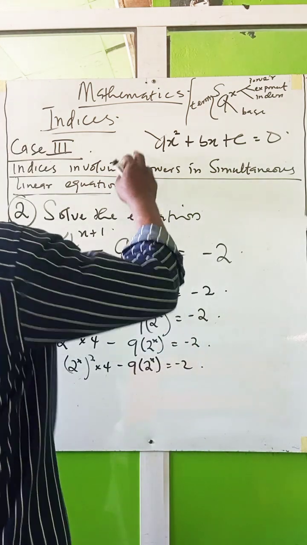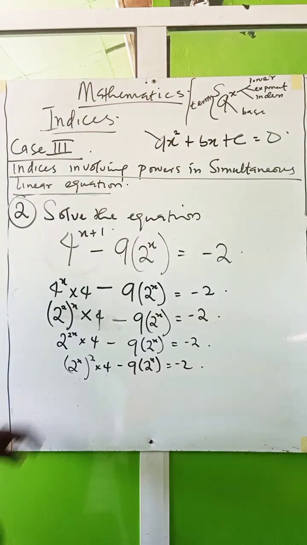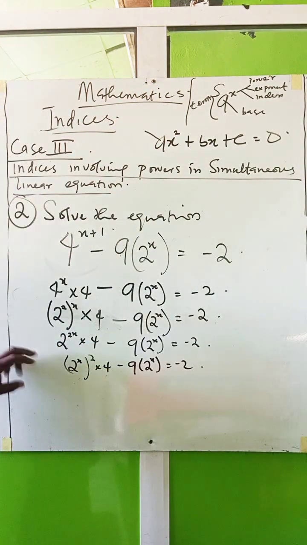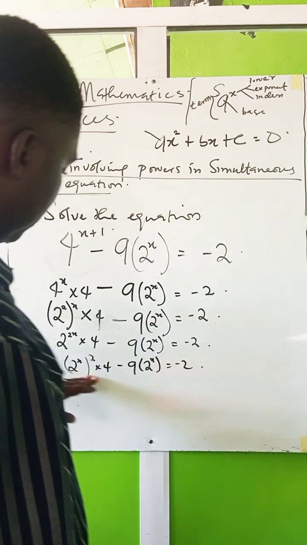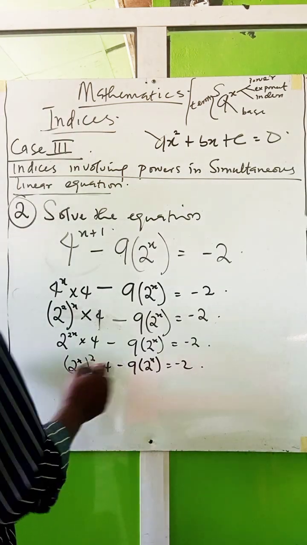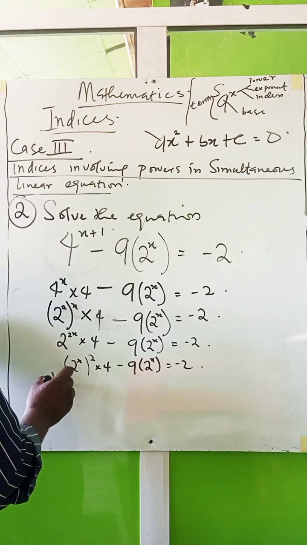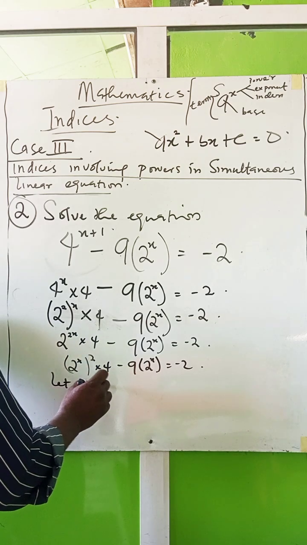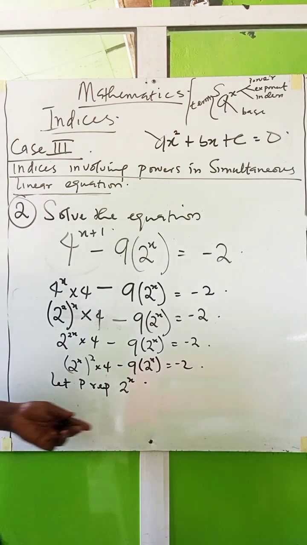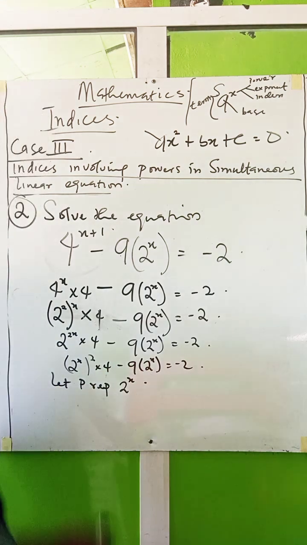So this is a general quadratic equation, and we can bring out this form of equation from these problems that have been resolved to this level by saying let P represent 2 raised power x. Therefore, anywhere we see 2 raised power x, we just put our P there.